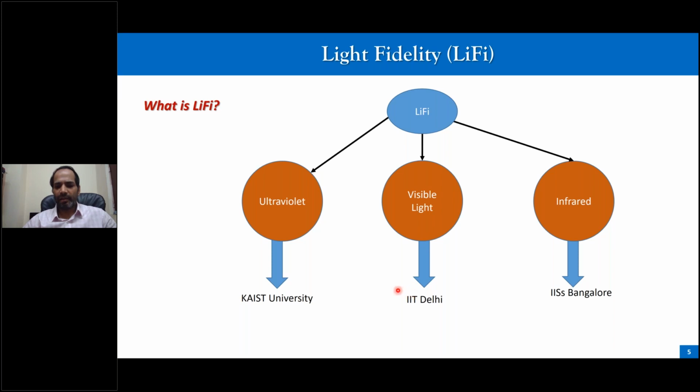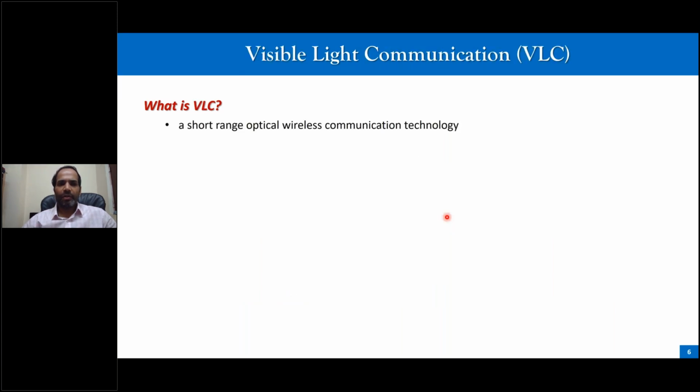Visible light is the focus of IIT Delhi, and infrared Li-Fi systems are considered at ISC Bangalore. If you want to read more about these systems, you can look at Google Scholar and search for these universities, and you will get the Li-Fi papers in these particular domains. We will be talking about visible light communication because this is our forte.